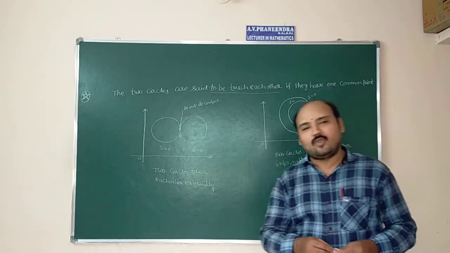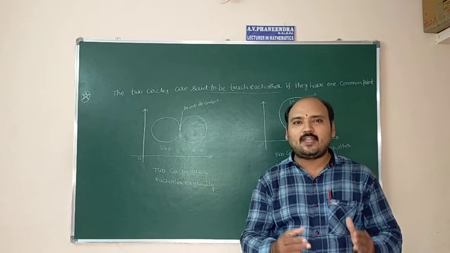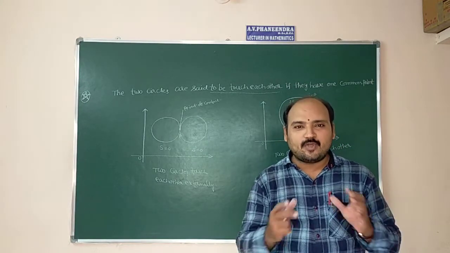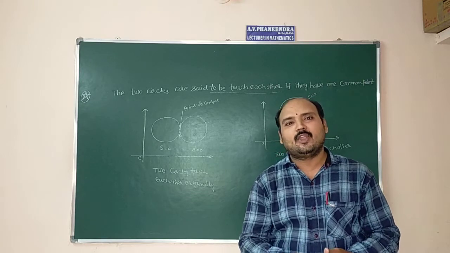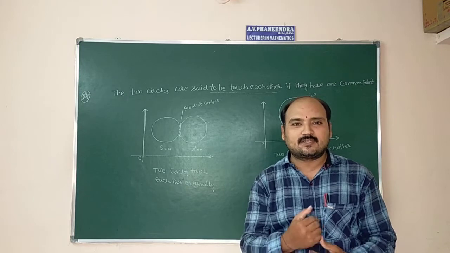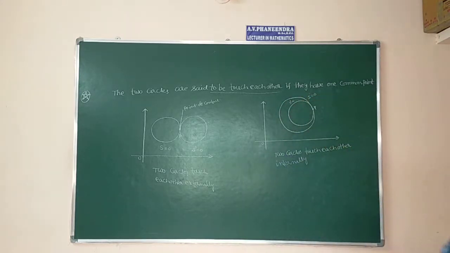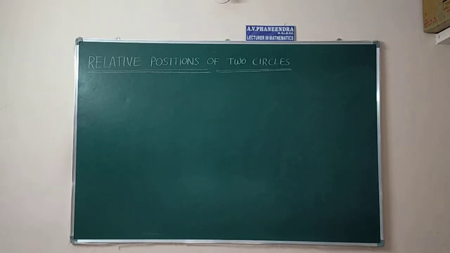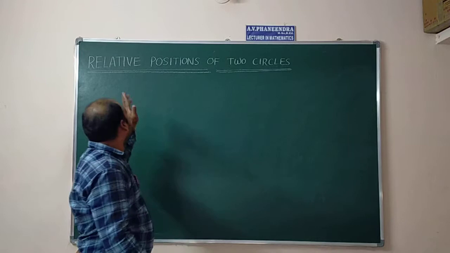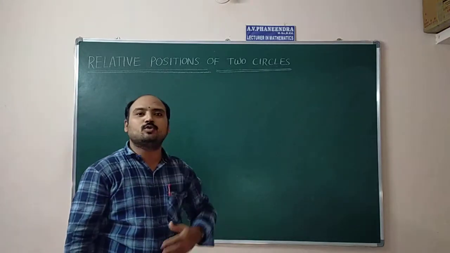After that, we are going to discuss the relative positions of two circles in the plane. That is very important in boards and in competitive exams like JEE, BITSAT. Now we are coming to the concept of relative positions of two circles.